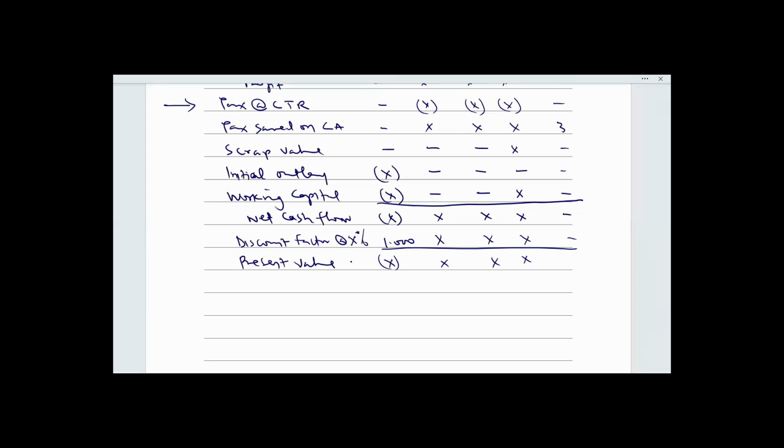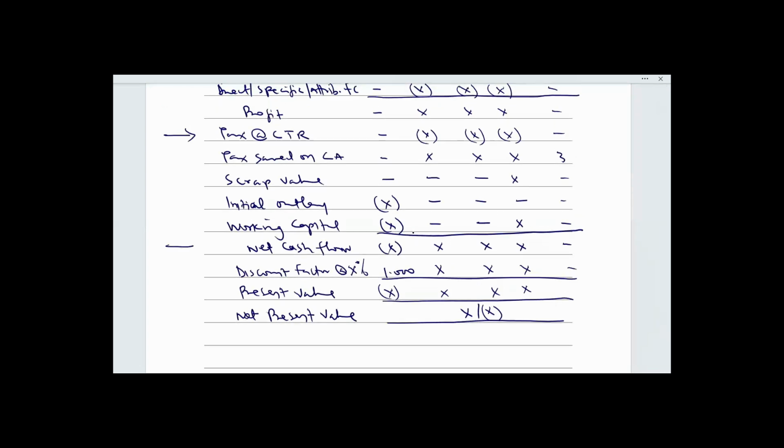After present value, the difference between present value of cash inflow and cash outflow represents the NPV. Therefore, my NPV could be positive or it could be negative. So this is the columnar format for calculating NPV. The good thing about this format is that once you get your net cash flow, you can use it to calculate anything.